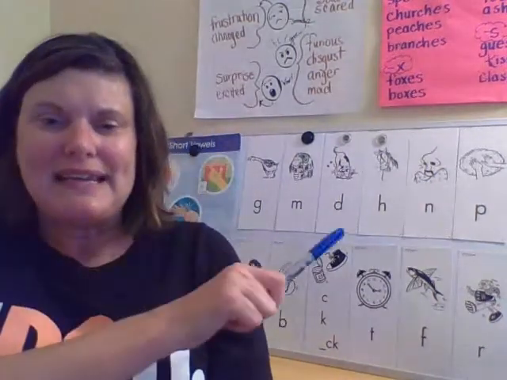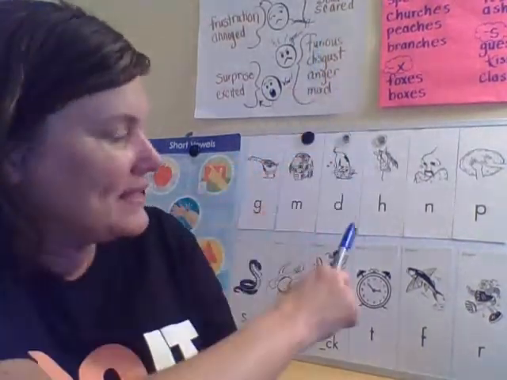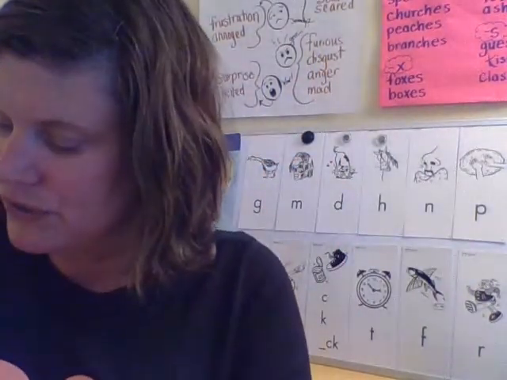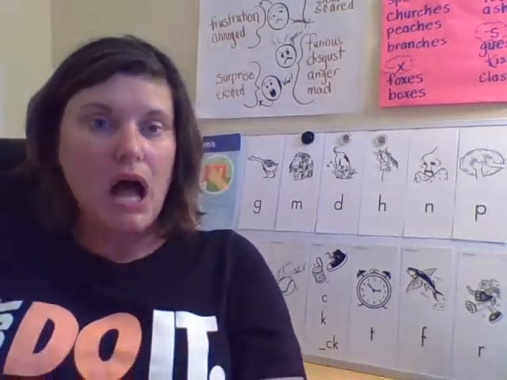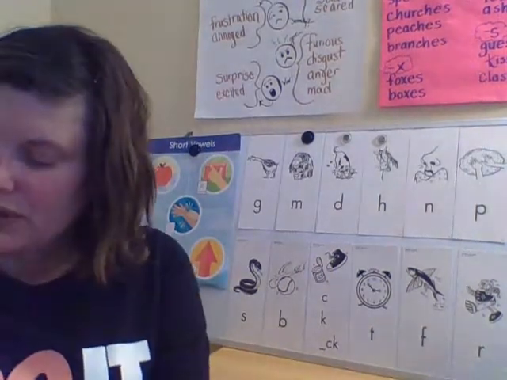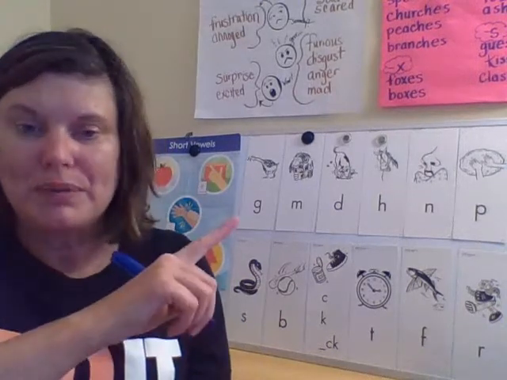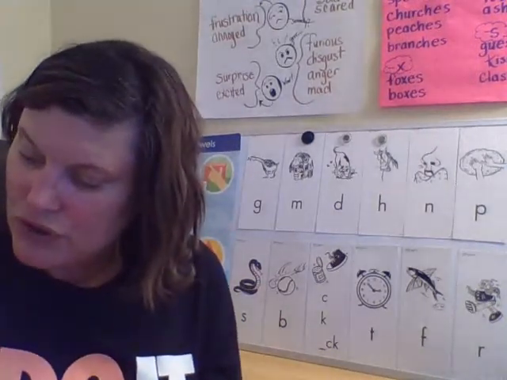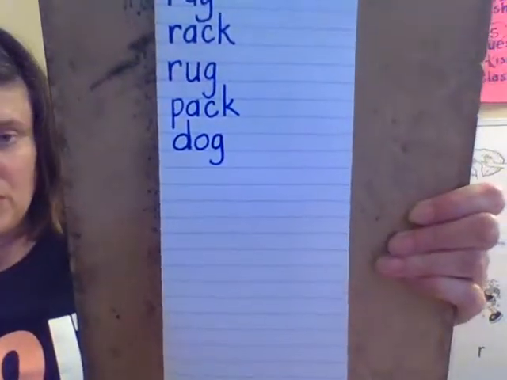So that's a D. Remember when you make the D, make a circle and then the stick. D, circle, stick, D. Like the octopus. So that's an O. Dog. I hear the gulping goose. So we spelled the base word, dog.